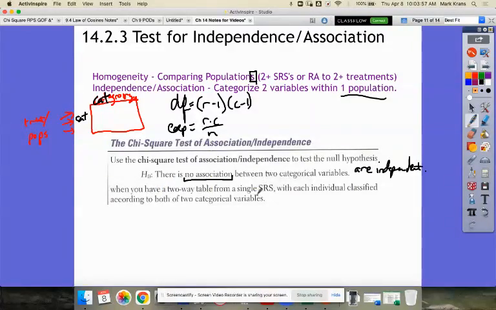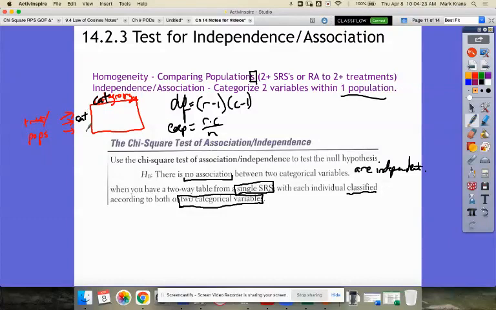Single, simple random sample. Notice a single, simple random sample, and then we classify them on two categorical variables. Within one type of pet, it might be dog or cat or bird or fish or other or none. You could have multiple groups within a category, and multiple groups within the other category.